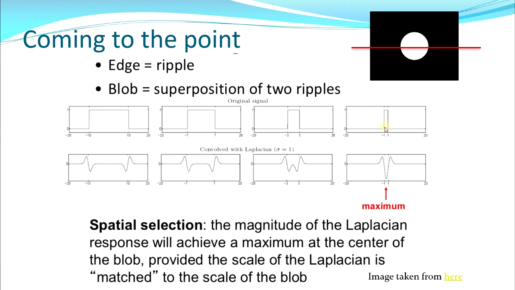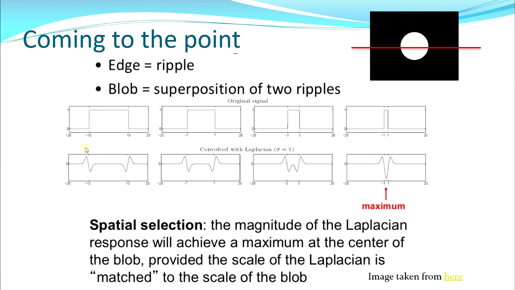So you can see that whenever the size of the Laplacian that you are using is equal to the blob size, you get a maxima. So please understand this. Here you could see the size of the blob and the Laplacian.